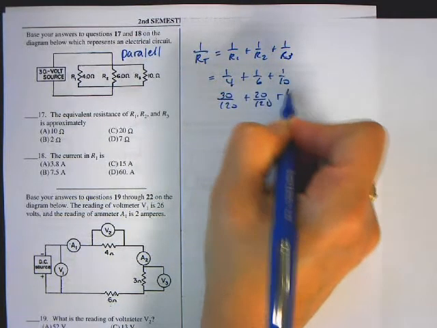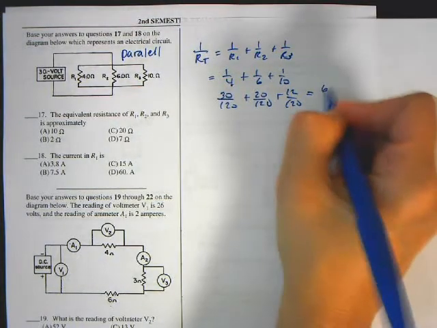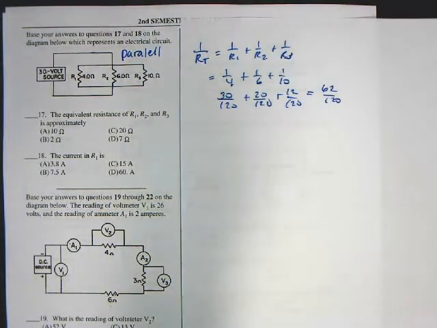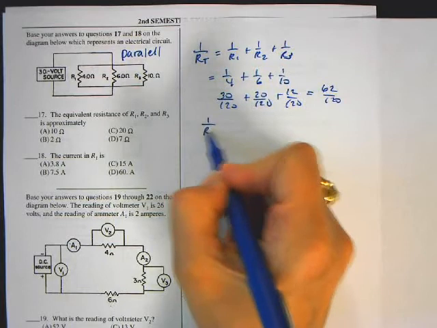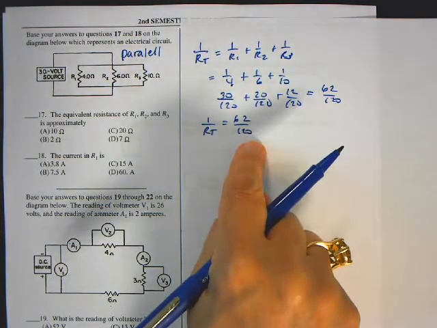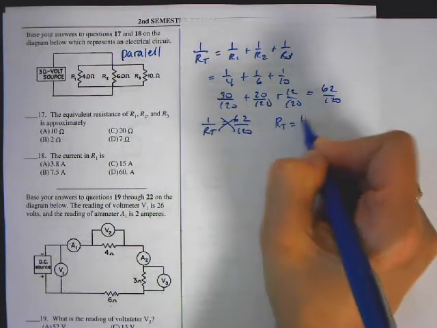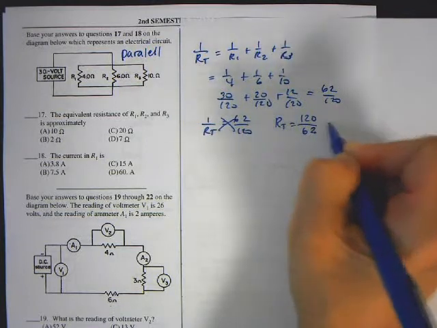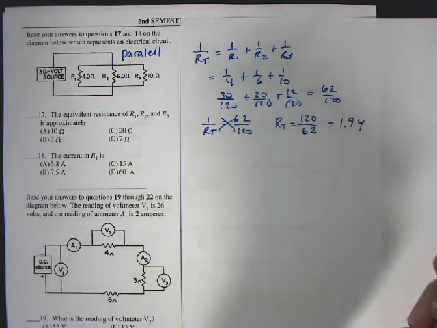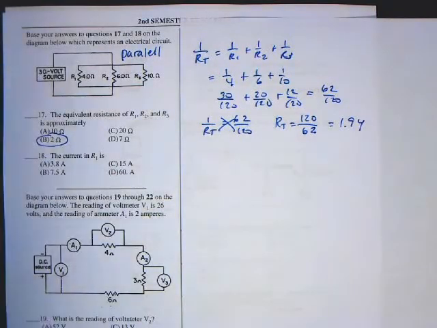When I add up the numbers, I get 62 over 120. Now, the biggest mistake people make is saying 1 over RT is equal to 62 over 120, so RT is 62. RT is not equal to 62. Remember, you're going to cross multiply, so RT is 120 over 62, which on your calculator is 1.9, which comes out to be about 2. So this answer is B.